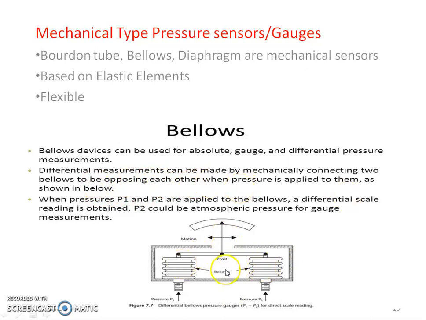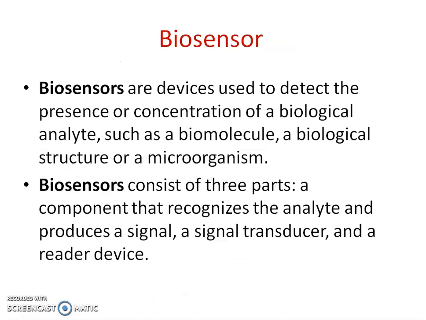So two bellows are there. When pressure is applied, this pointer will move. When pressures P1 and P2 are applied to the bellows, a differential scale reading is obtained. P2 could be atmospheric pressure for gauge measurement. So this diagram is important for bellows. These are the bellows, which are made from corrugated paper or plastic.